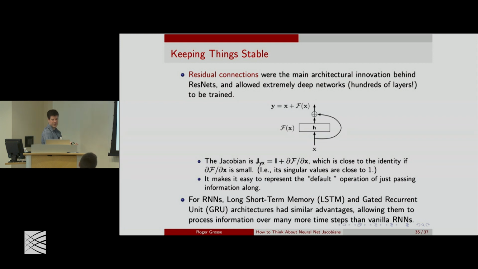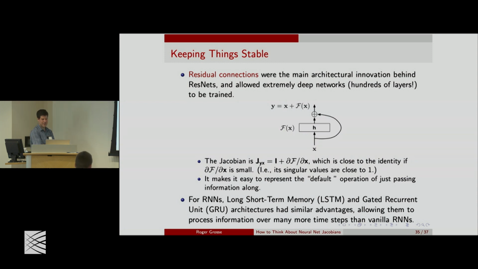And mechanistically, in terms of the gradient computation, that means the Jacobian of this layer is the identity plus the Jacobian of the function f. And so as long as you keep this Jacobian small, then the Jacobian for the layer will be close to the identity, and it'll be well conditioned. So there's some easy way to represent things that are well conditioned.